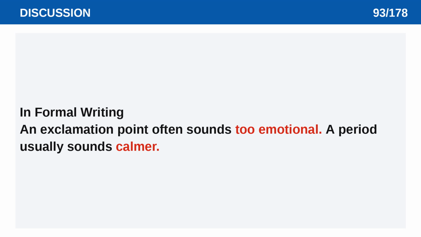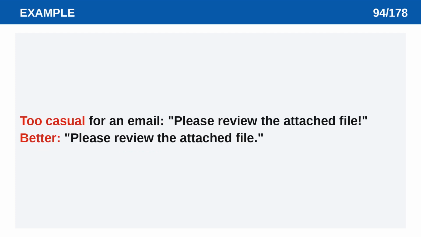Let's slow down on this next part, because it's an easy mistake to make. In a formal email or report at work, an exclamation point can sound too emotional or unprofessional. A period usually sounds calmer and more professional. Compare these two.